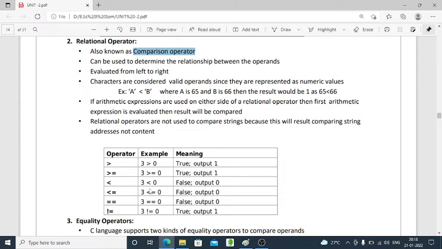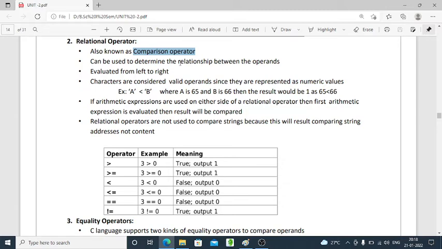We compare whether one value is greater than, less than, greater than or equal to, equal to, and so on, and we get the output either 1 or 0. Hence these operators are known as comparison operators.